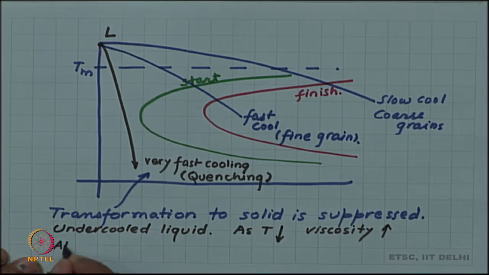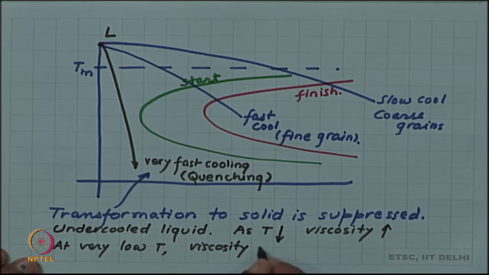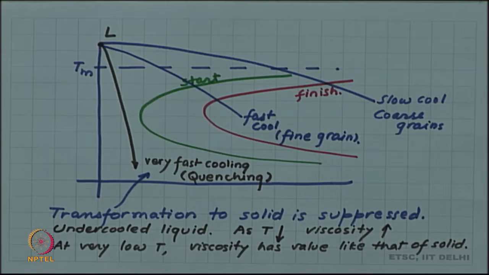So, at very low temperature, viscosity has a value like that of solid. And such undercooled liquid which appears to be solid in terms of its viscosity, in terms of its flow property, is what we call glass. So, essentially we have formed a glass.